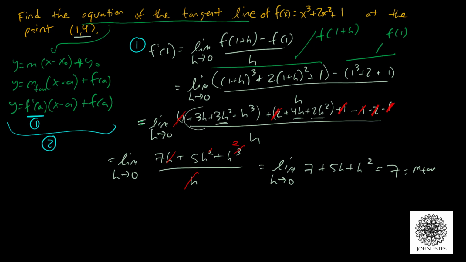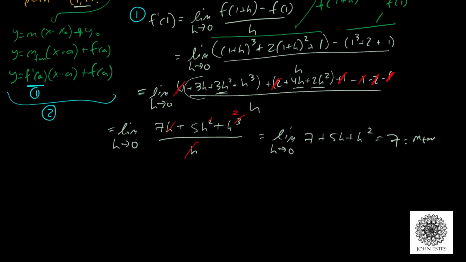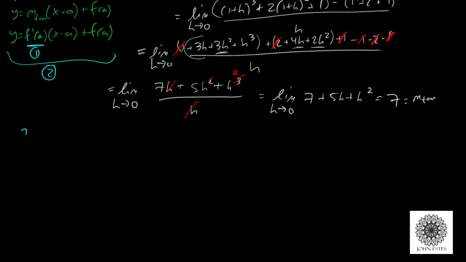Now we're ready to move on to the second part of this, which is actually finding your tangent line. So again, remember, your tangent line is the derivative at 1 times x minus 1 plus f of 1. Okay, well, I already have some of this stuff. We just calculated m tan to be 7. We have x minus 1. There's nothing to be done there.